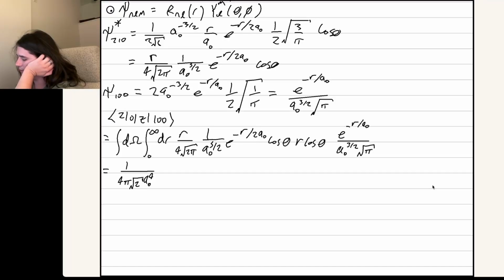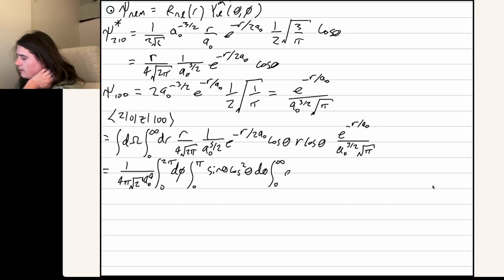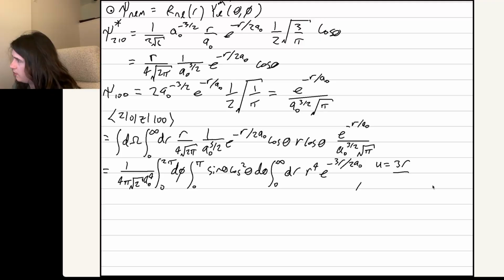And then we'll have an integral over d phi, as well as an integral over sine theta cos squared theta d theta, and then our integral 0 to infinity dr r to the 4th e to the minus 3r over 2a naught. The radial integral, I'm going to do a u substitution. I'm going to say u is equal to 3r over 2a naught, and du then is 3 over 2a naught dr.